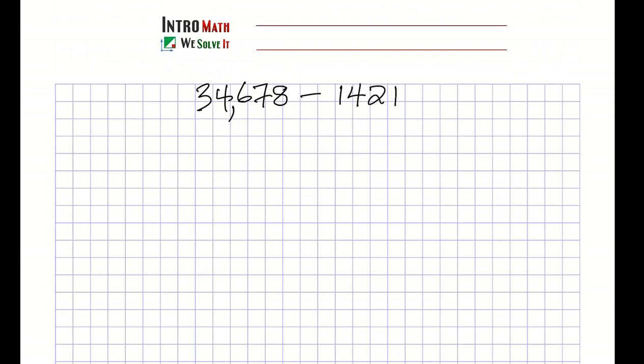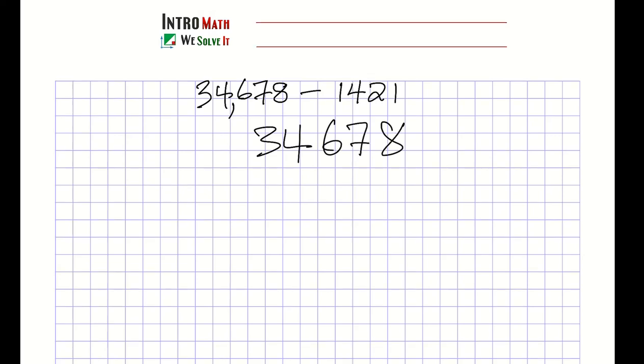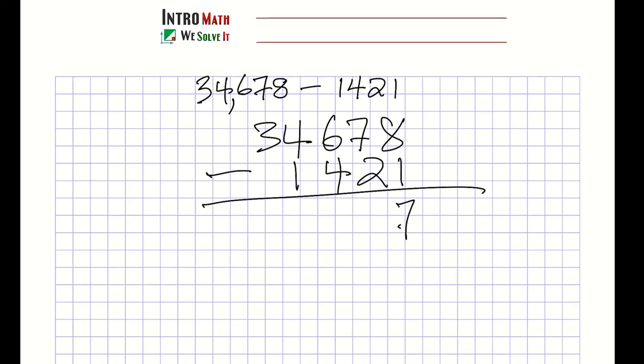So what do you do? You line things up first. Okay, you say 34678, subtract 14211, and then draw that line, alright? And then you do the problem. Take away 1 from 8, you have 7. Take away 2 from 7, you have 5.